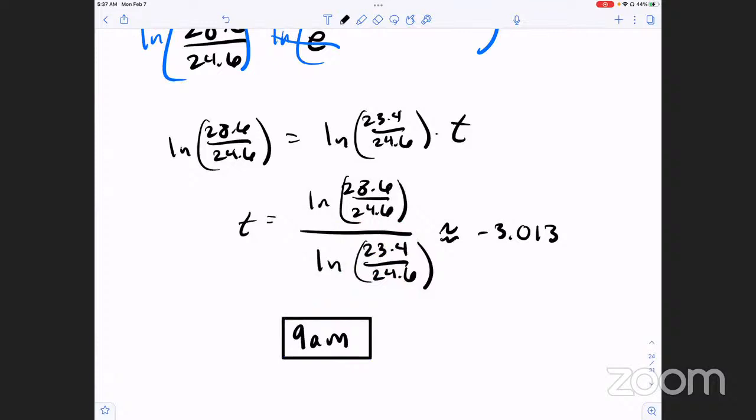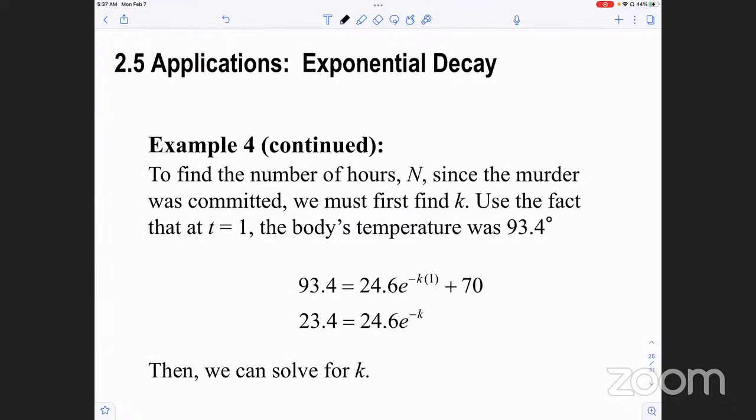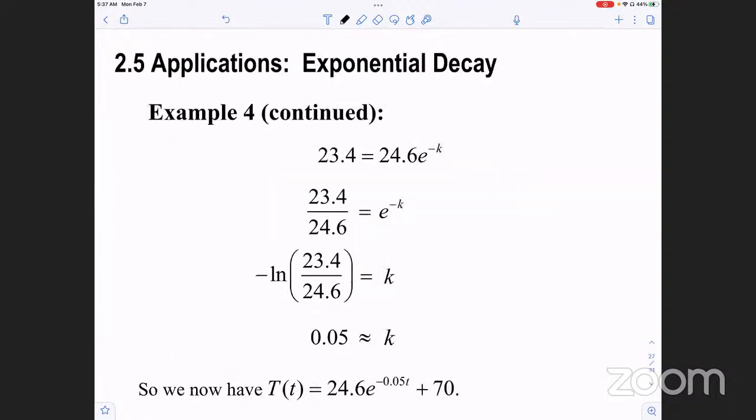Let's see, how do we do? So when time was 0, they got 94.6. So then they got A was 24.6. I think we got the same thing there. And then after 1 hour, they got 93.4. So then you can use that to solve for K, right? And I think we got that same thing, that negative log of all of that.